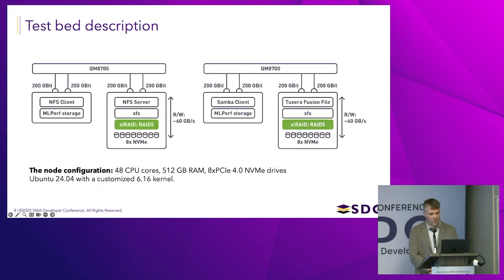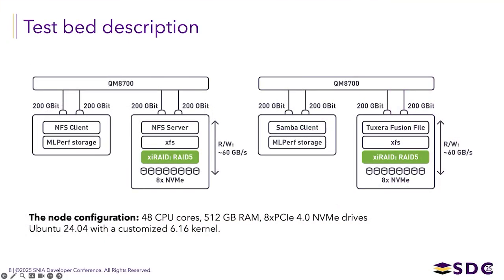A couple of words about my test stand. I had a very simple test stand consisting of two nodes. First one, a storage server running a RAID engine, file system, and NFS or SMB server above, and a single client having the same number of CPU cores. I've got 48 AMD CPU cores and the same amount of system memory, and the server and client were connected with dual-ported 200 gig interfaces.